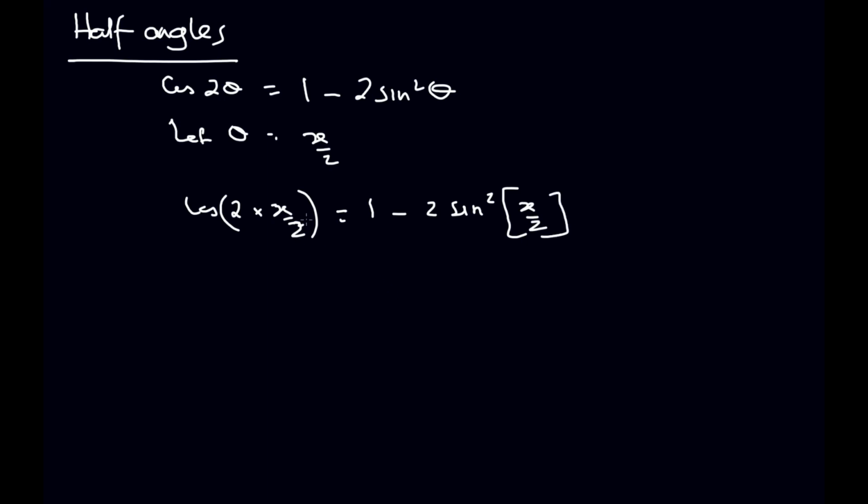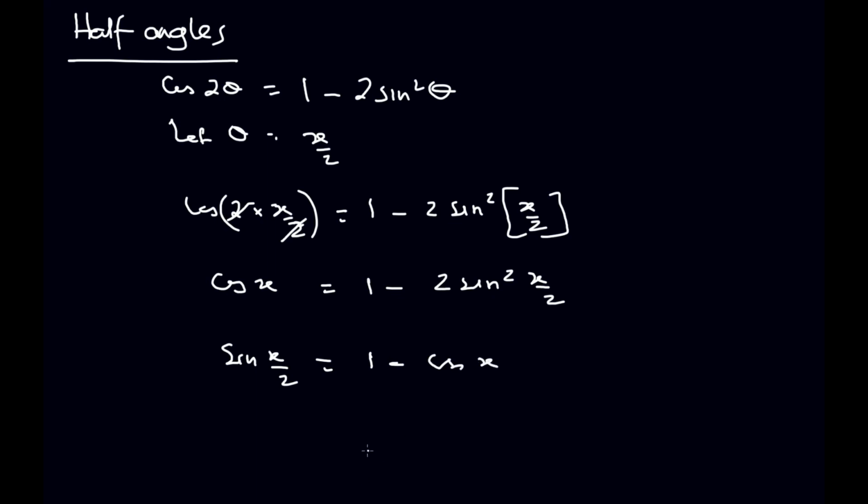So this can cancel out, and then we'll have cos x is equal to 1 minus 2 sine squared x over 2, meaning that we can solve for sine x over 2. If we take the term to be negative, then 1 becomes positive and cos x becomes negative.